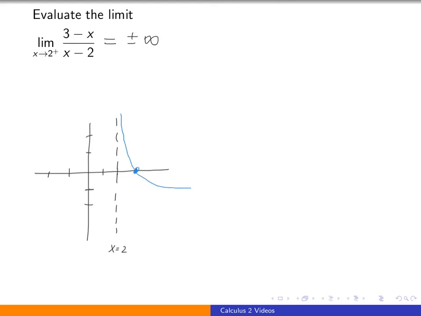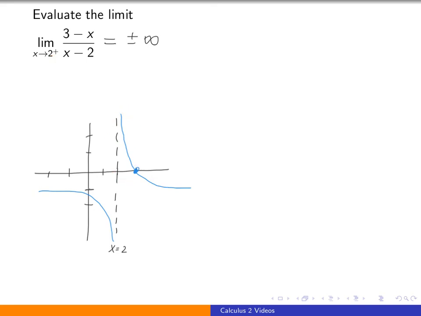and because of the form of the fraction here, degree 1 over degree 1, leading coefficients minus 1 and 1, we will have a horizontal asymptote y equals minus 1. So from the left, it's going to look something like this. So as we mentioned previously, the limit as we approach 2 from the right is going to be either plus infinity or minus infinity.